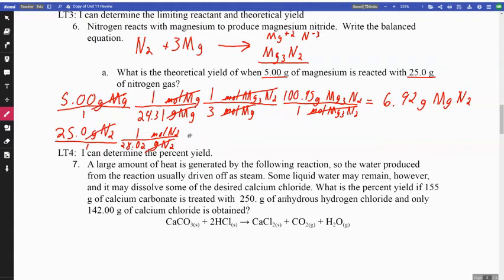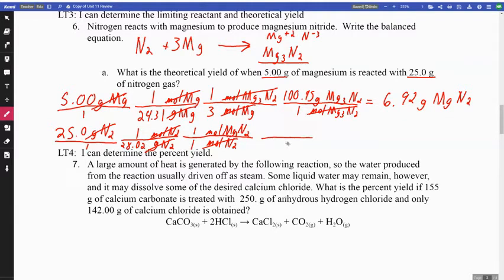Grams cancel out. We're left with moles. That's not where we want to be, so we do another conversion factor. Moles N2 on bottom. Moles Mg3N2 on top. So now we use our coefficients. N2 is 1. Mg3N2 is also 1. Moles of N2 cancel out. Moles of Mg3N2 are left.